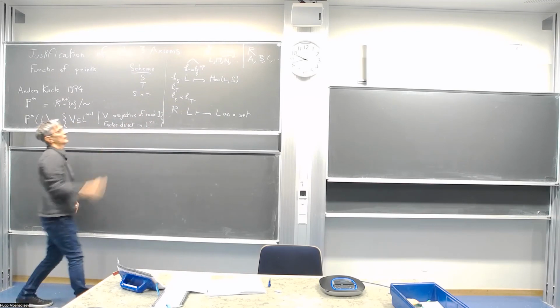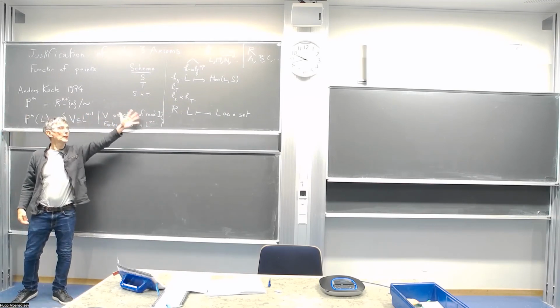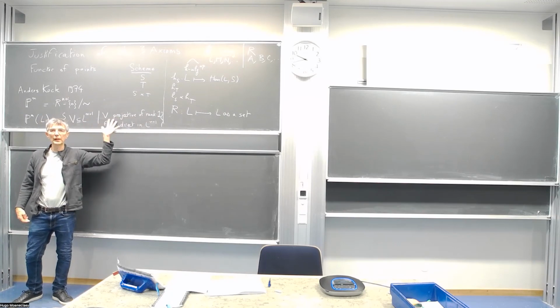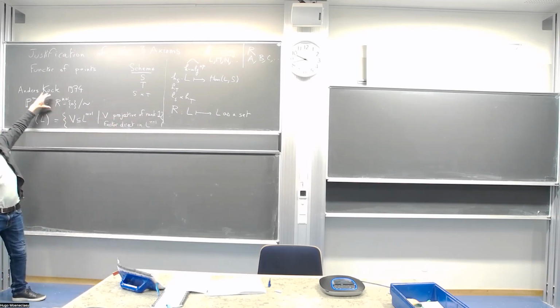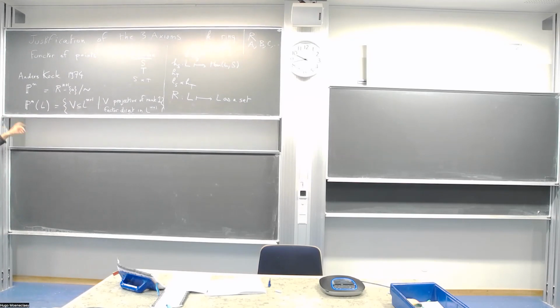I will not say explicitly what it means, but just to say that the definition is not easy like this, and it's very simple internally. But we want to connect the two, and it's not so easy to connect.